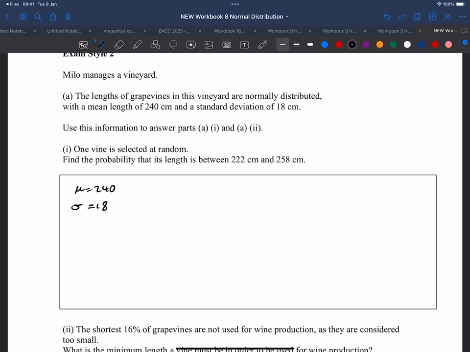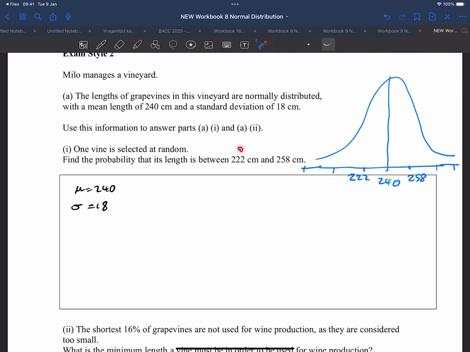Now, we're going to graph this. I'm going to do a sketch, and we know that this here is 240, the mean. One standard deviation, add on 18, gives 258, as we did beforehand. Take away 18 is 222. We can keep going like that, taking away 18 or adding on 18 this side. Luckily, I can see that these are two numbers.